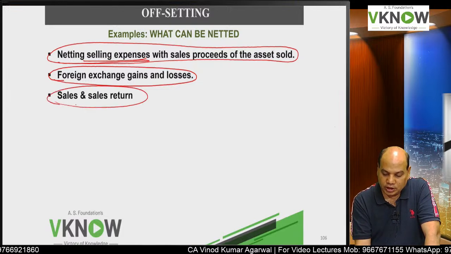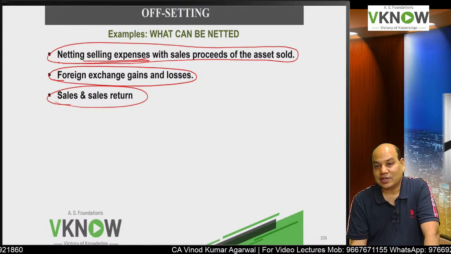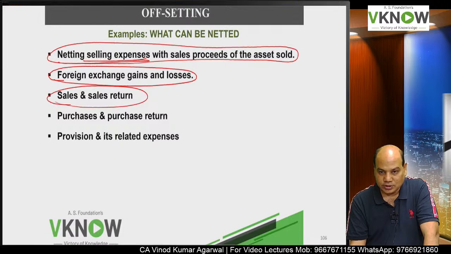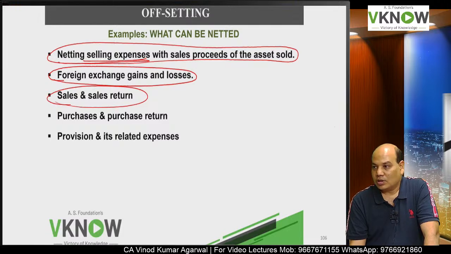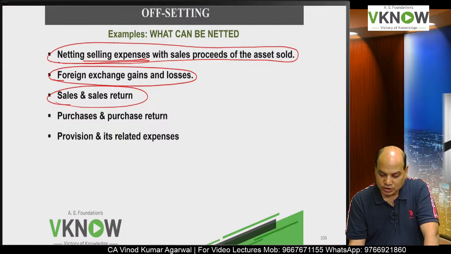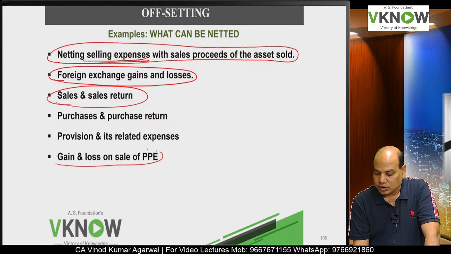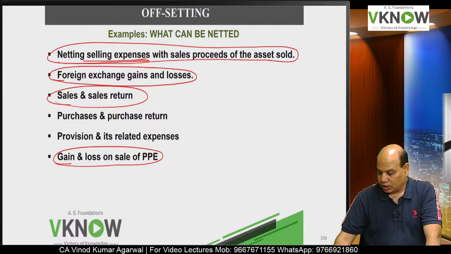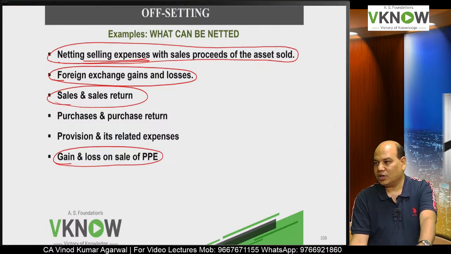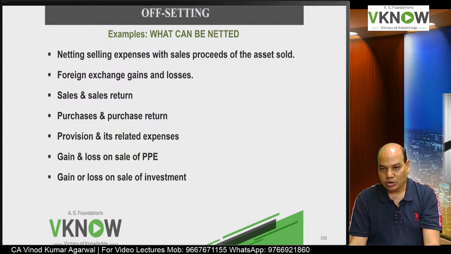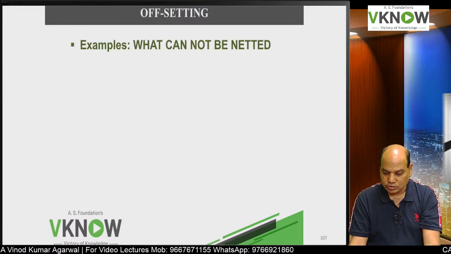In the P&L account, I can show sales minus sales return, purchase minus purchase return, provision and its related expense. Gain and loss on sale of PPE we can net off. On one machine there is a loss, on one machine there is a gain. Then gain or loss on sale of investment, you can show net amount.